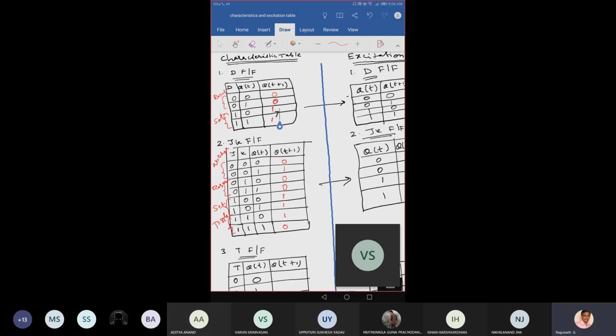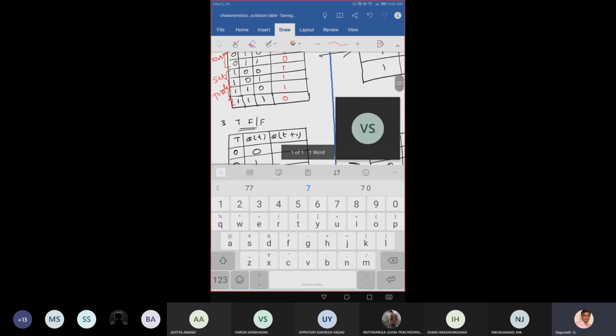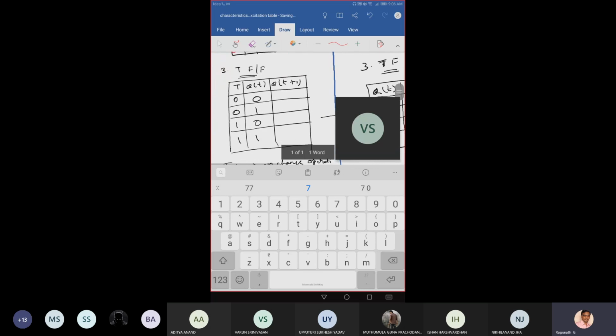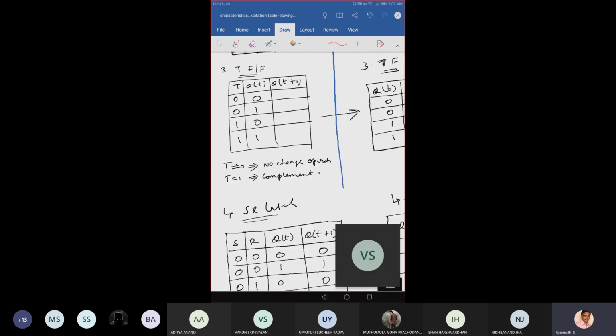And if you look at the JK, you can easily understand it will perform 4 operations: no change, reset, set and toggle. And if you want to understand the concept of the T flip-flop, it will do only 2 operations like the D flip-flop. The only difference is the D flip-flop will perform reset and set, but the T flip-flop will perform only no change and toggle.